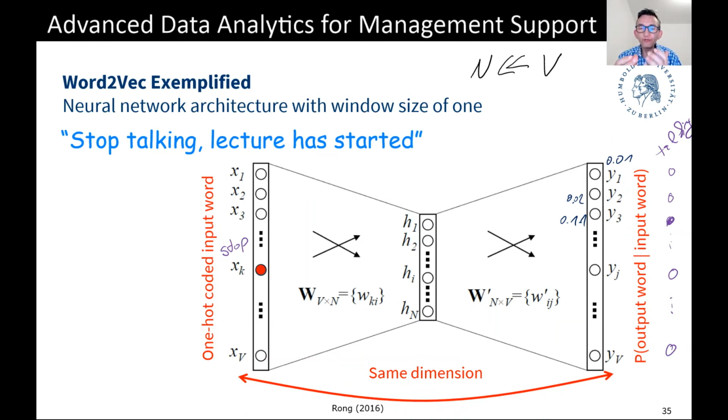We need to reduce the dimensionality because we only have n units that are to capture the essence of our input, and then we map that back to the output dimensionality v. And we have two weight matrices here, both of which have dimensionality, well, n by v and v by n, but they have the same number of elements.